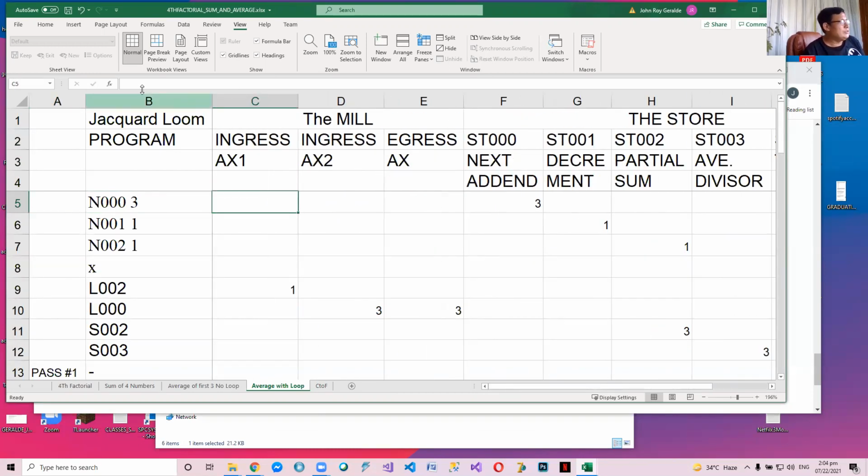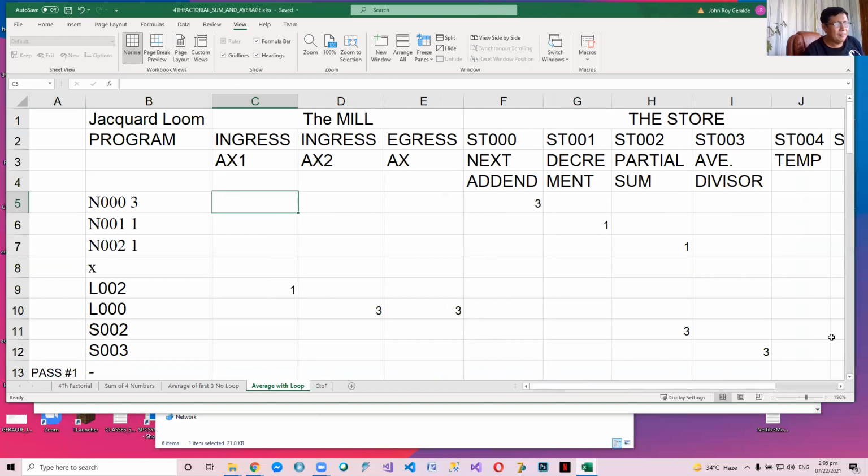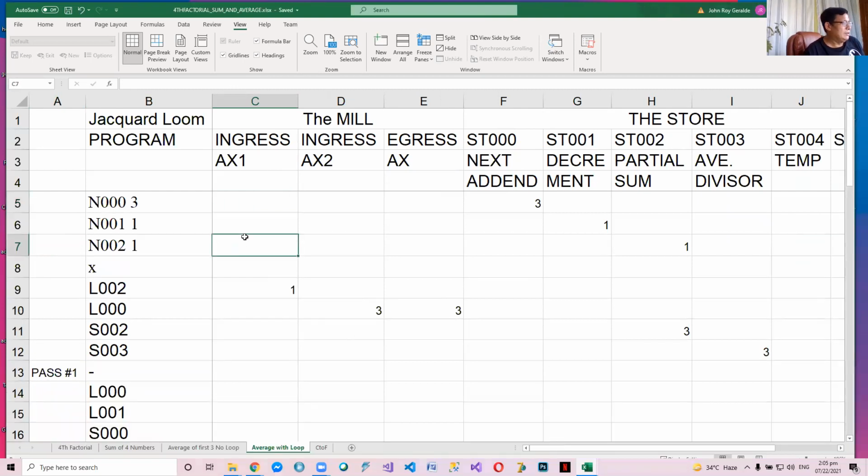Can you see all the numbers, the whole worksheet? So likewise, we are going to compute the average. First, we will compute the sum. And after computing the sum, we will divide it by the average divisor.